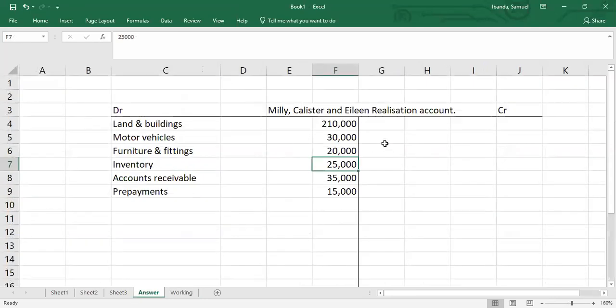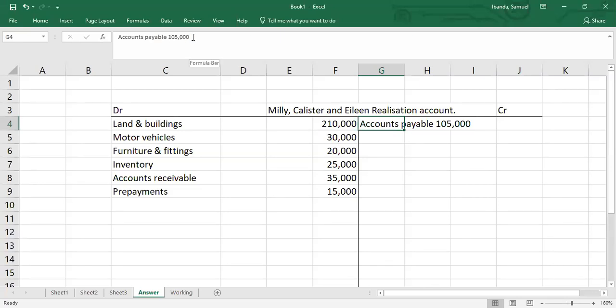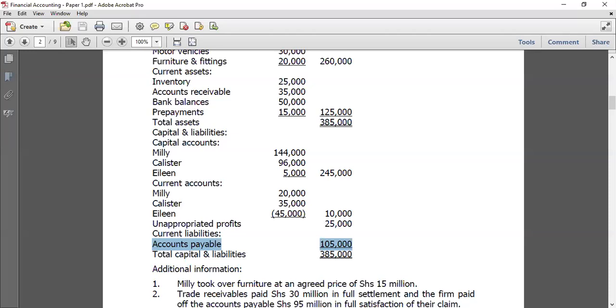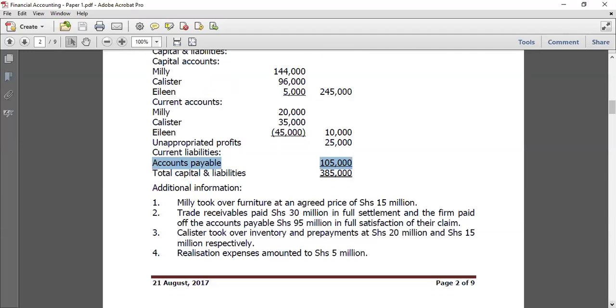So I'm going to come here to my realization account and put my liabilities right there. So that is what is happening. That's the first thing that I'll definitely do.